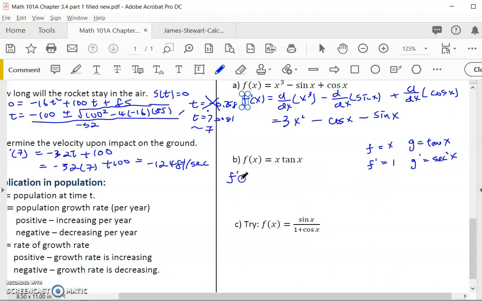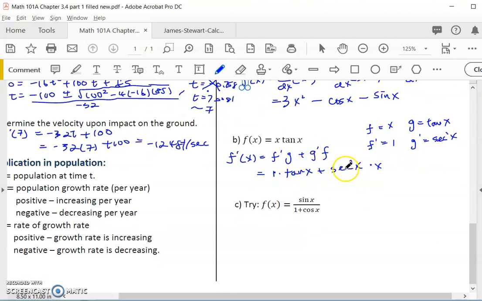So we'll say f prime of x is equal to f prime g plus f g prime. So f prime g is 1 times tangent x, plus f g prime is secant square x times x. And that is our derivative. Some people like to simplify secant square as 1 plus tangent square so that this particular expression has only tangent square.